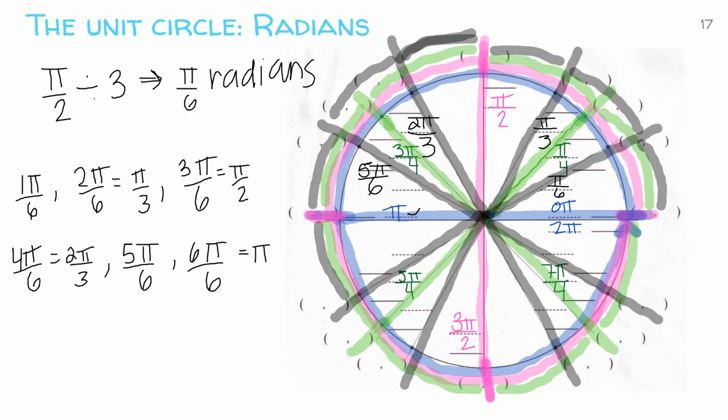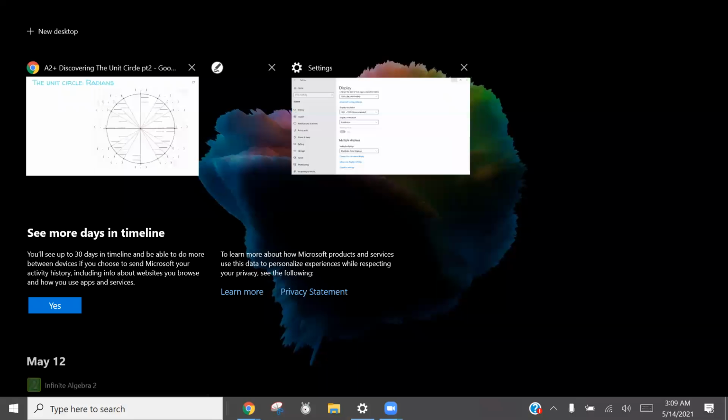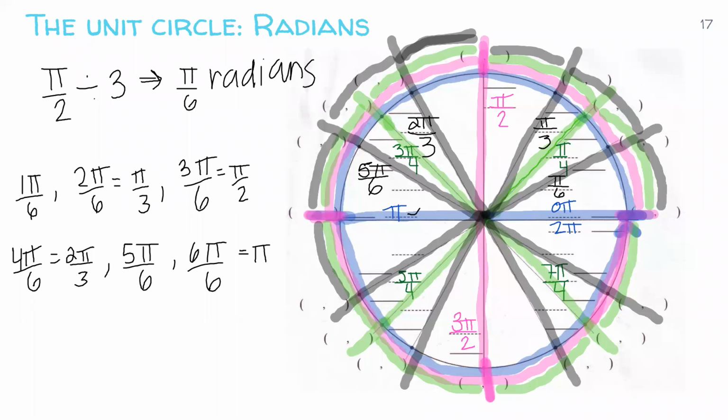So 6 pi over 6 plus 1 more gives us the 7 pi over 6. The next arc length is going to be 8 pi over 6, but that reduces to 4 pi over 3.